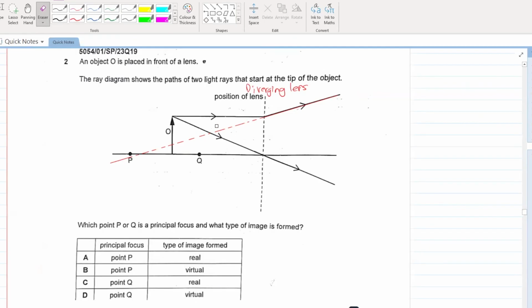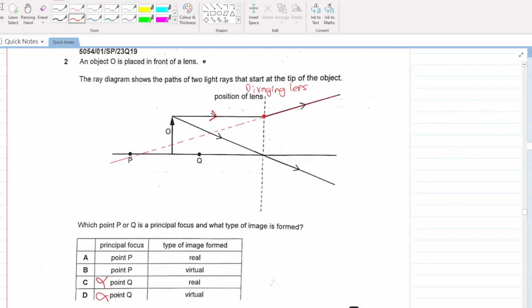So basically, it is a property of a diverging lens that if you have a line parallel to the principal axis and it hits the diverging lens, and if you extend it backwards, it will pass through the focal point. It is roughly passing through point P.